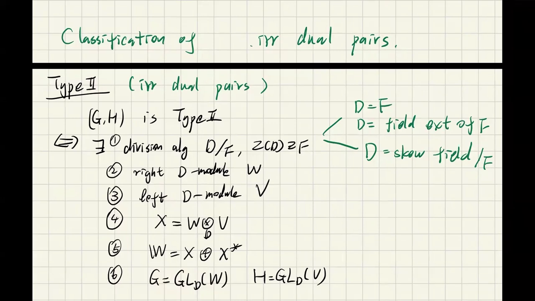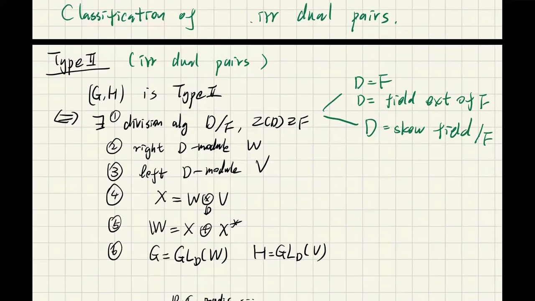So you have a lot of choices of division algebras. Then you take a right D module called W and a left D module called V. Then you form the tensor product, which will be an F vector space.